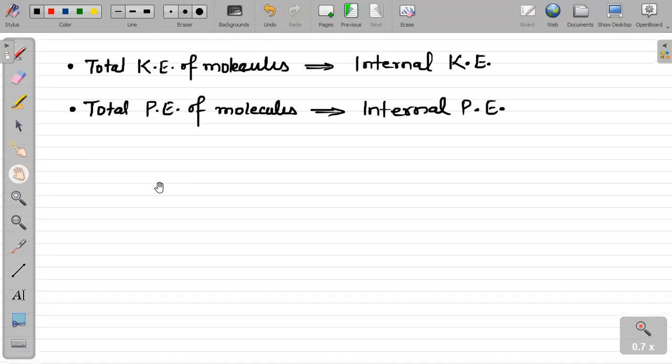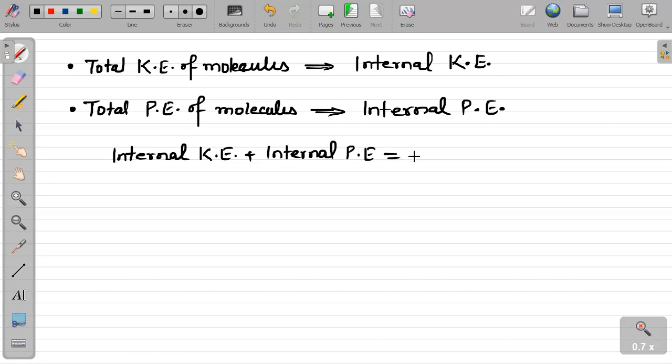Is that okay? And internal KE plus internal PE is equal to total internal energy.